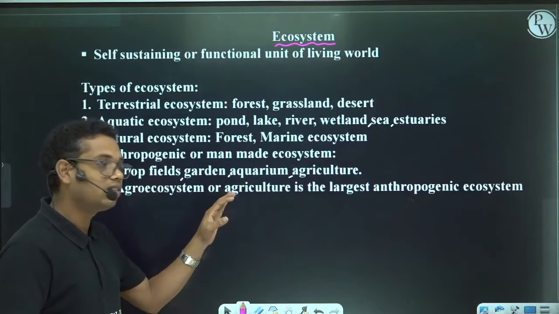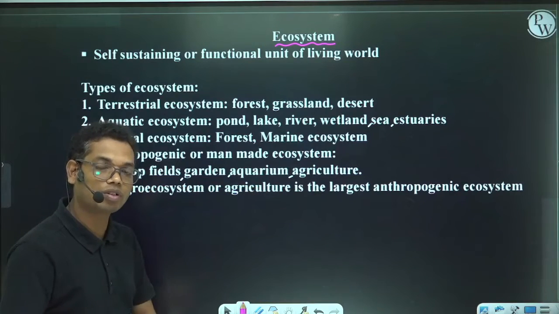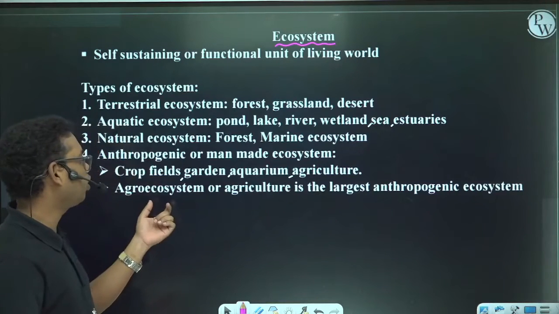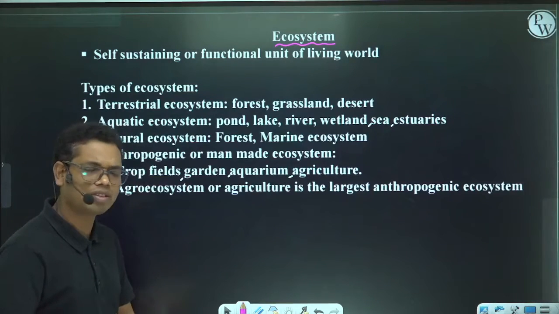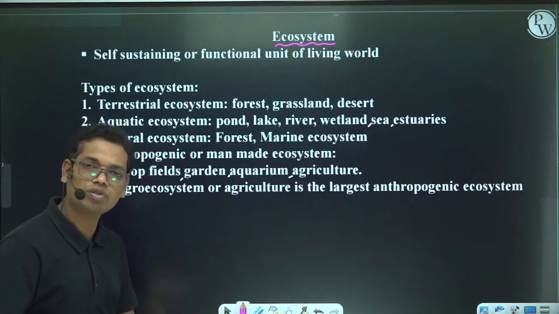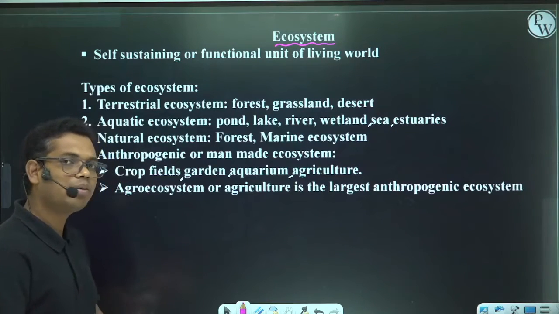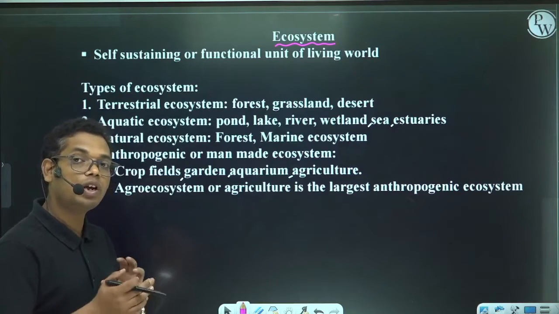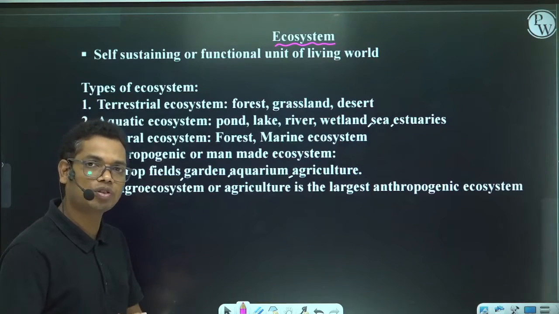These are man-made ecosystems. And among man-made ecosystems, the largest one is the agro ecosystem or agriculture ecosystem. This is the largest man-made ecosystem. When I compare natural and man-made ecosystems, natural ecosystem is better than man-made ecosystem, except with respect to productivity.